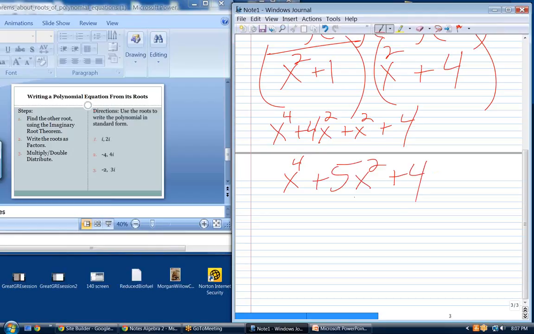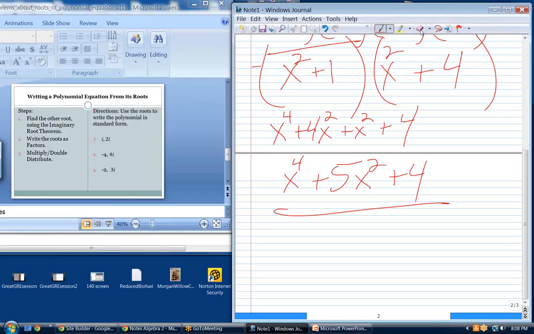And notice something about this. It happens to be a quadratic in disguise, so we could solve this by using substitution, right? It's going to be x squared plus 4 times x squared plus 1. Oh, excuse me. Sorry. We just did solve it. In other words, we just came from that, so we don't have to factor this.